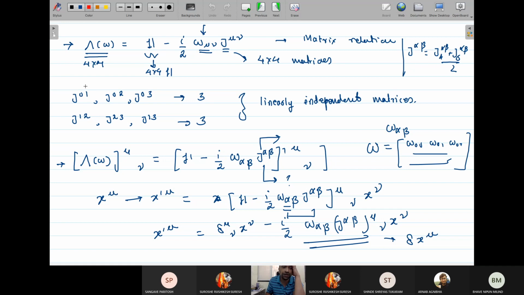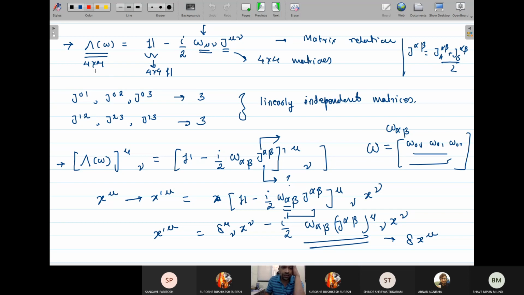J01 itself is a matrix. Similarly J02, J03, etc. The antisymmetry between mu and nu tells us that we have 6 parameters, and corresponding to 6 parameters, I have 6 generators.